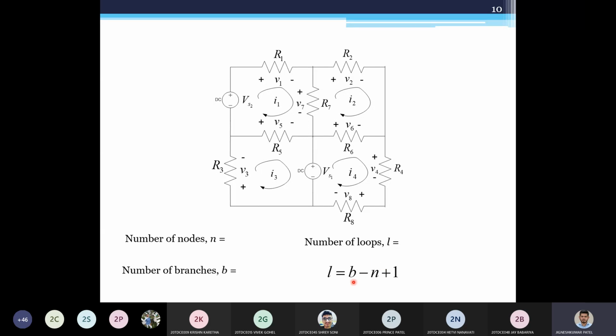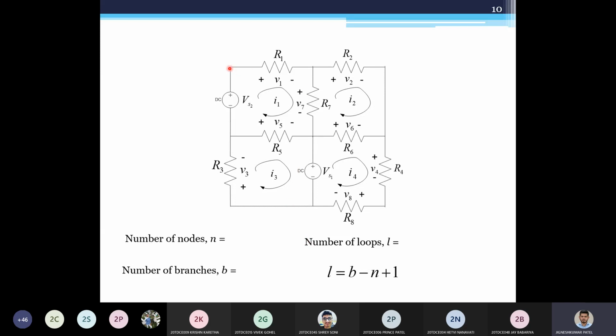So what is the number of branches? In this case, each element can be considered as one branch. For example, this is my first branch, second, third, fourth, fifth, sixth, seventh, eighth, ninth, and 10th. So here I have 10 branches.